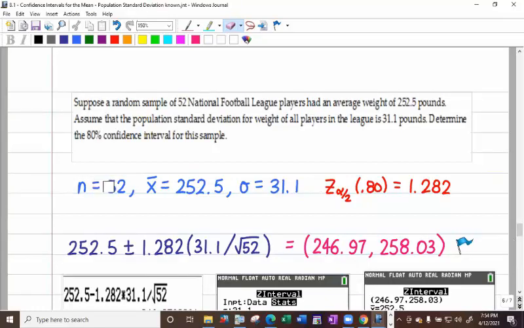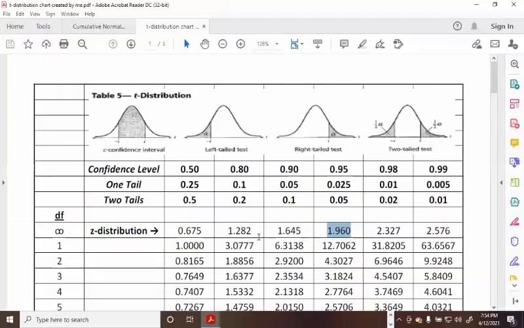The first three numbers in blue are just copied right from the problem. Notice it says population standard deviation. 80% for somebody using the chart. If you're not using the chart, you don't have to get that number.